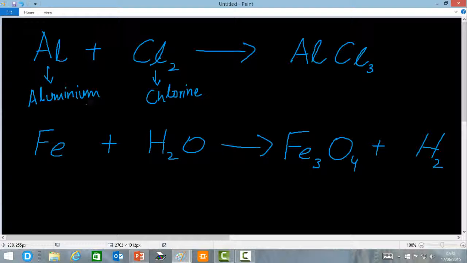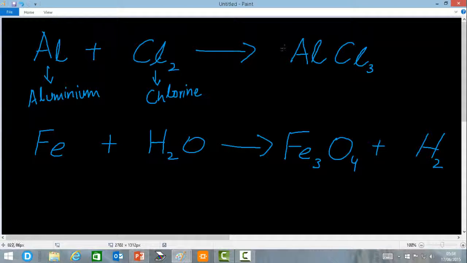Aluminium and chlorine both react and become AlCl3. So over here again Cl becomes 3 and over here it's Cl2. So we will balance chlorine first, because up till this step aluminium is balanced. Over here 1, over here 1, both sides 1. So now what could we do?